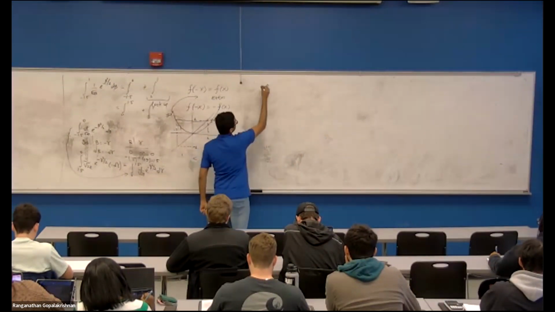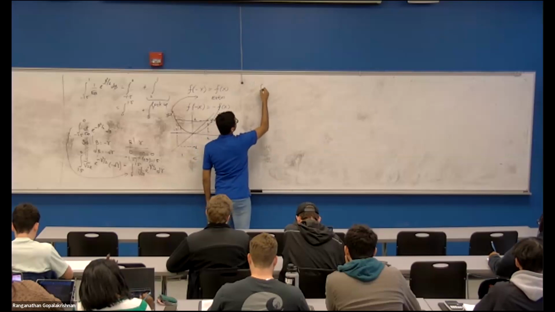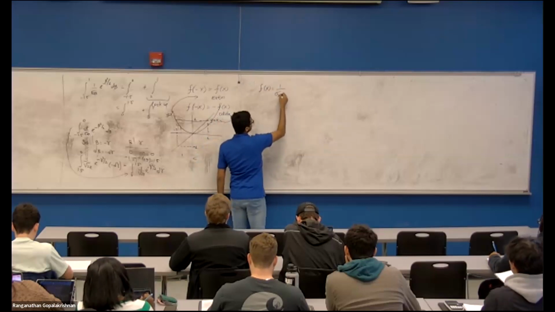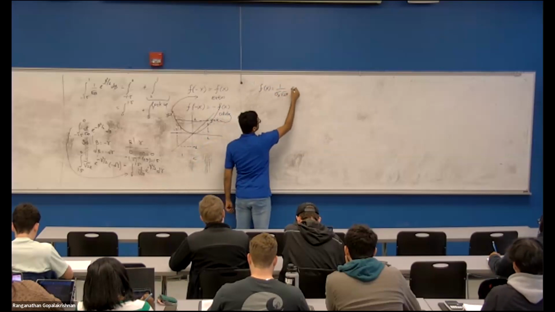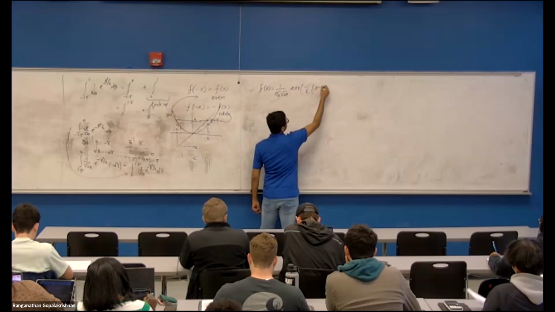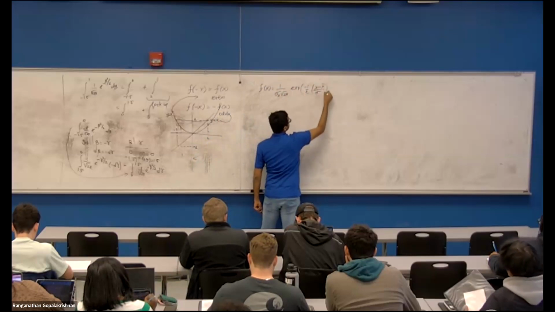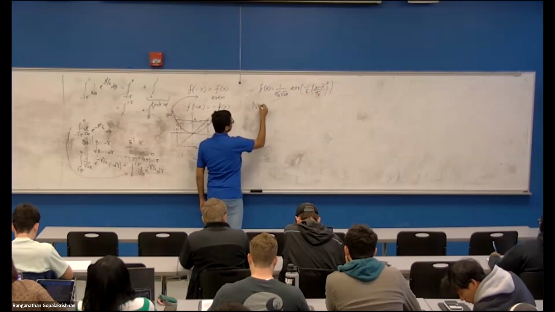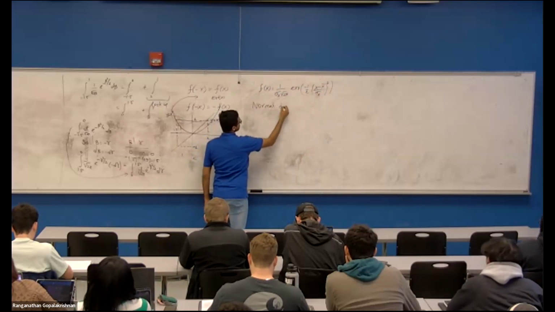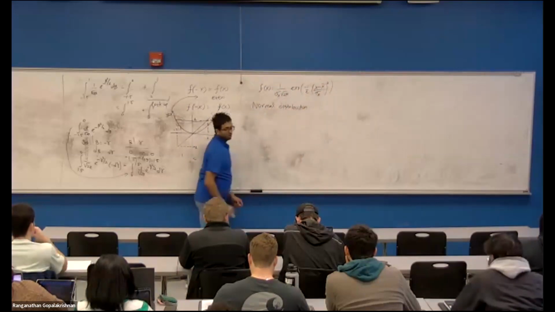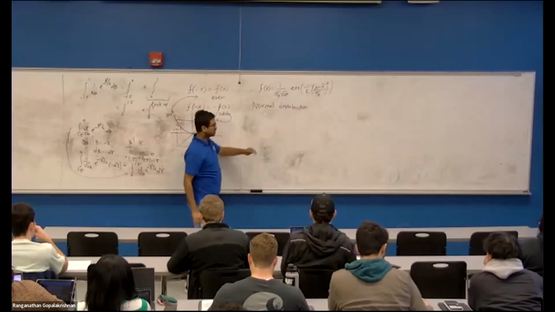If you have any data and it follows a normal distribution, we write this as 1 over sigma x times square root of 2 pi, exponent of minus 1/2 times (x minus x bar over sigma x) squared. This is the normal distribution. Okay, write this down. Important stuff.